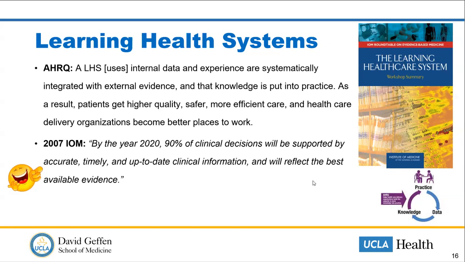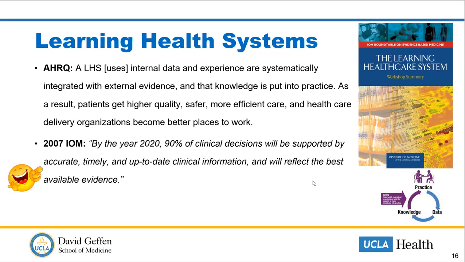The Institute of Medicine in 2007 put together a workshop and basically a textbook going through principles of learning healthcare systems and how people can develop the structure to start integrating these concepts. And in 2007, they said that by the year 2020, they expected 90% of clinical decisions would be supported by accurate, timely, and up-to-date clinical information.